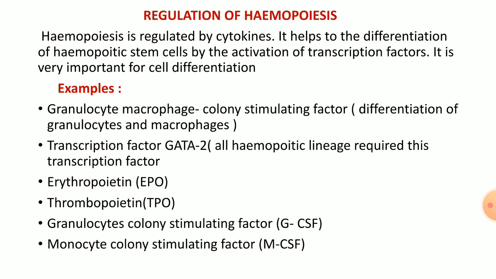Thrombopoietin, that is TPO, acts in thrombopoiesis, the process of formation of platelets. Granulocyte colony stimulating factor, that is GCSF, and monocyte colony stimulating factor, that is MCSF, are other important examples of factors in the regulation of hemopoiesis.